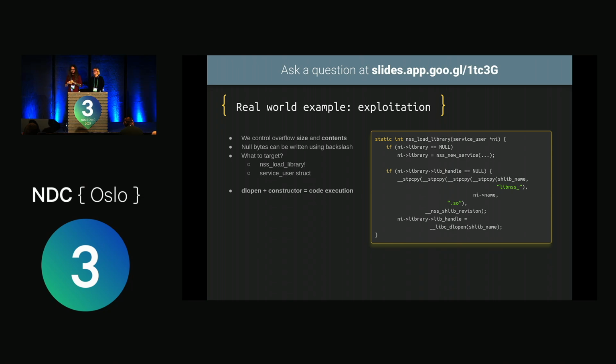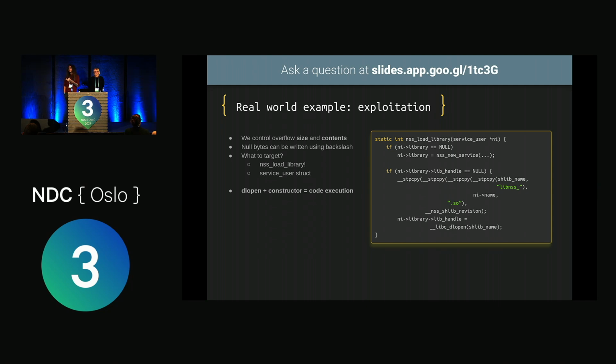And by doing this, they were collecting backtraces, which is just with GDB, the debugger. With the backtrace, you can see, okay, it crashed on this line, and it came from this piece of code or this function. And one very interesting crash that they found, we were actually able to find as well after running our fuzzer for way too many hours, was this crash in a function called nss_load_library.